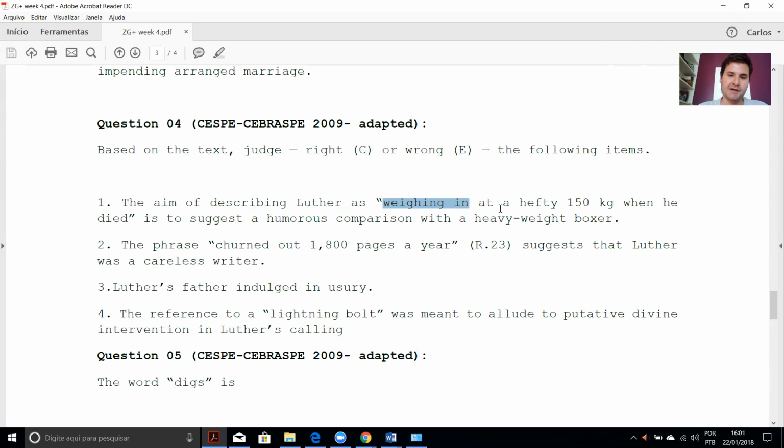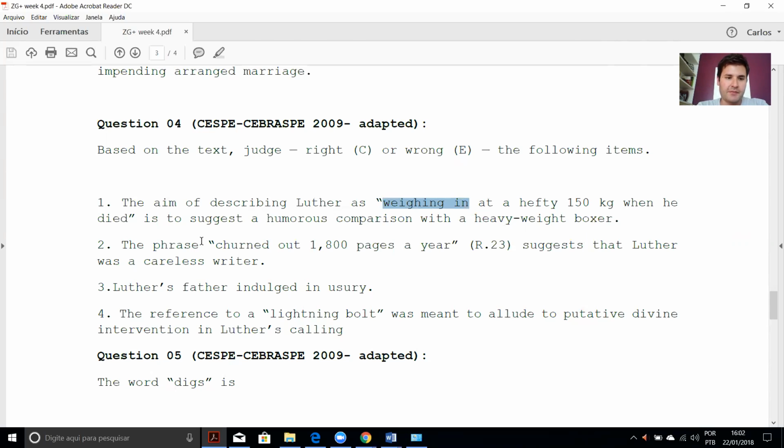So yes, the idea here was to suggest this comparison with a heavyweight boxer, especially because of the expression weighing in at and hefty. So weighing in means that he was a boxer. It's what boxers do. They go to a weigh-in before the fight. And hefty means he was heavy. Okay, so there was a comparison here with a heavyweight boxer. And that is correct.